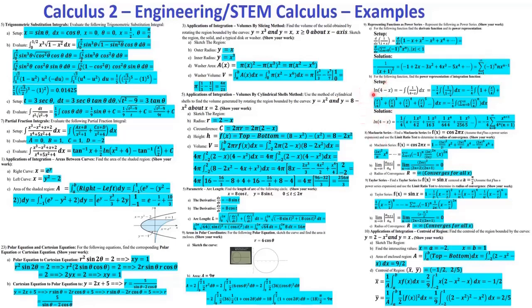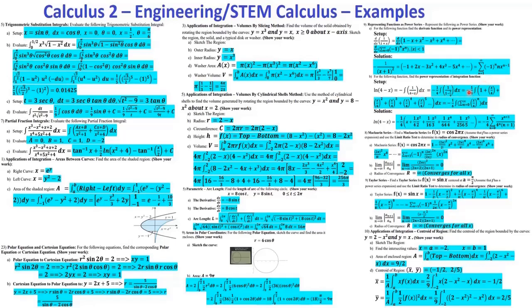Then I have another power series, which is ln of 4 minus x. This is the same as minus the integration of 1 over 4 minus x dx, which is minus 1 over 4 times 1 over 1 minus x over 4.